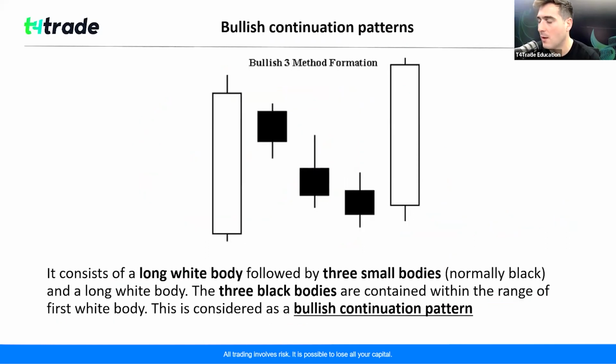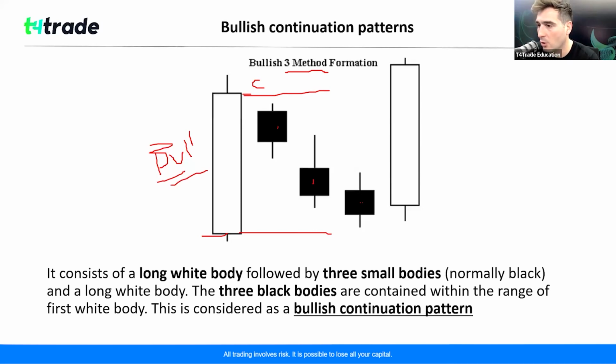now the opposite of the bearish three method formation is the bullish. Okay, completely, utterly the opposite. So a green candle, so a bullish candle, open price here, close price here, followed by 1, 2, 3 small-bodied red candles, or black in this kind of case, that do not exceed the trading range of this candle, the bullish one.